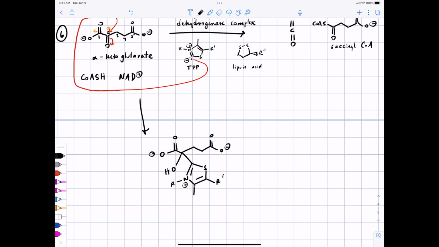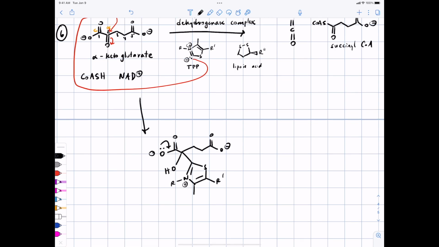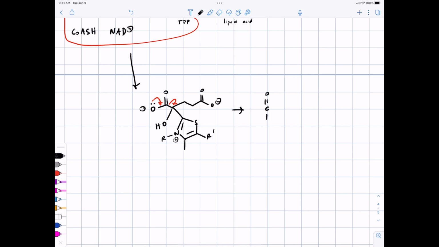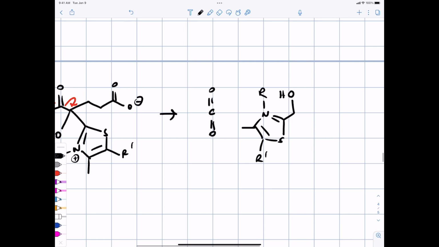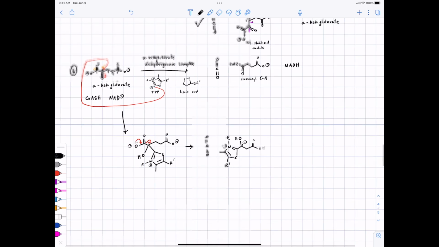Okay, that's then set and ready to do the decarboxylation reaction, which puts the negative charge there where it can be stabilized by resonance.